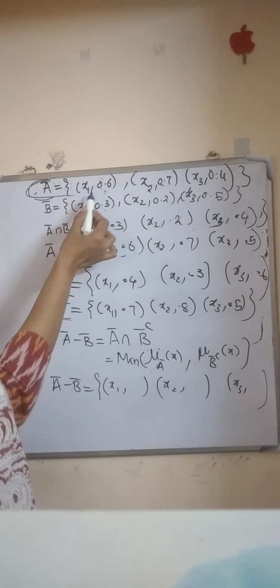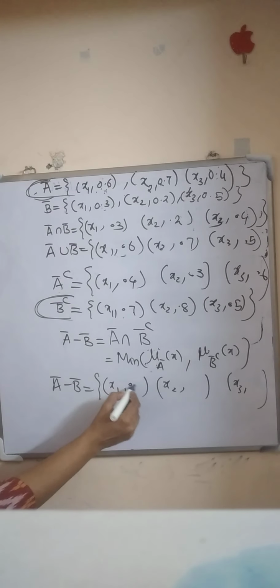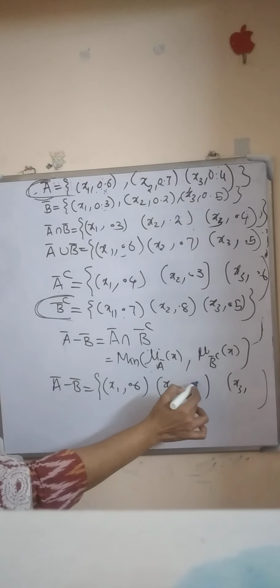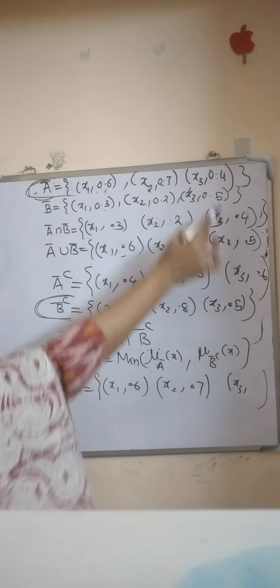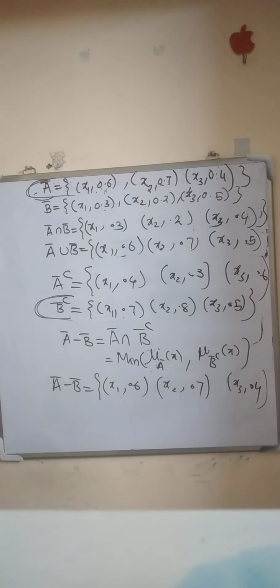The minimum of these two membership values, 0.6 and 0.7, minimum is 0.6. 0.7 and 0.8, minimum is 0.7. 0.4 and 0.5, minimum is 0.4. So A bar difference B bar is x1 0.6, x2 0.7 and x3 0.4.